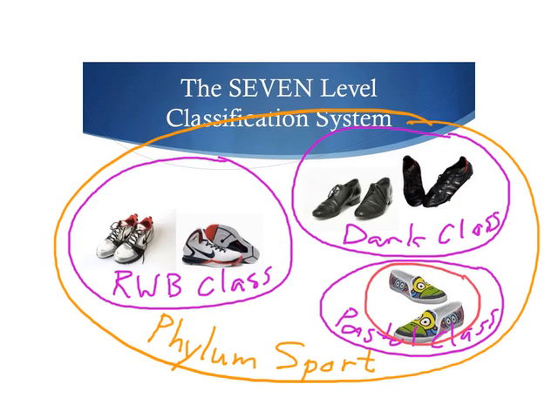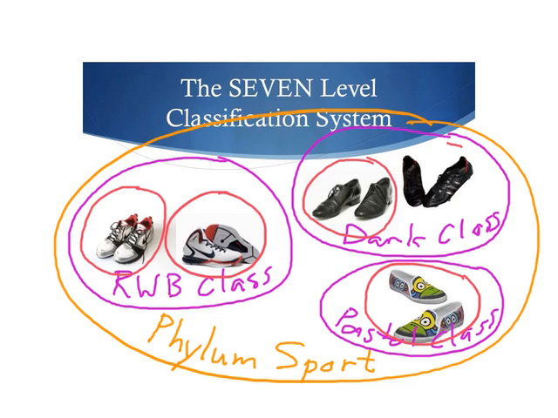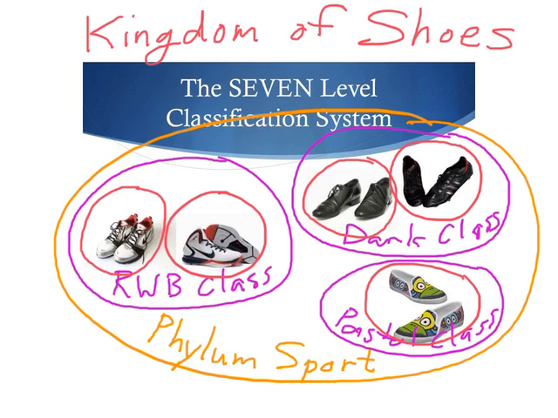But over here in the red, white, and blue class, it looks like I have two different species, one for tennis shoes and another one for basketball. And with my dark class, it looks like I have my tap shoes, my dancing shoes, and then also my soccer cleat shoes. So those are two different species as well. So from the top, remember all of these belong to the kingdom of shoes.